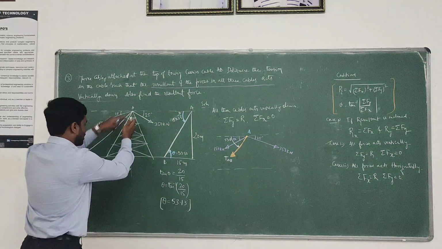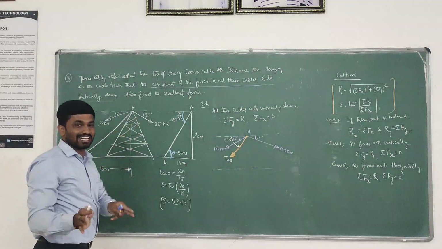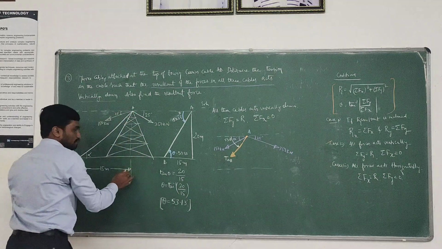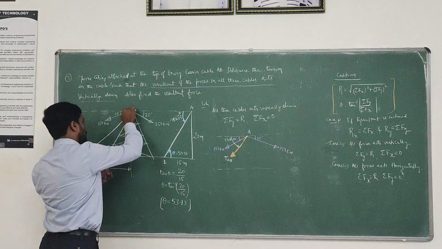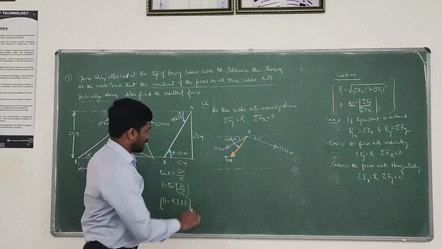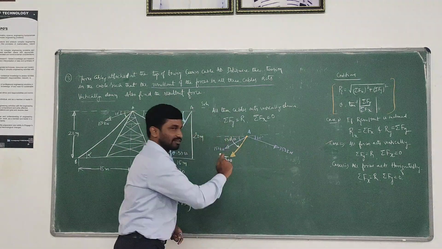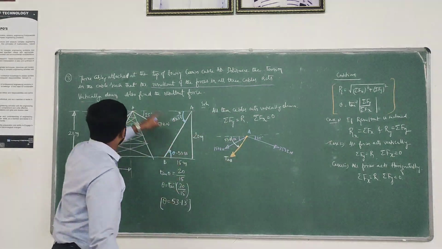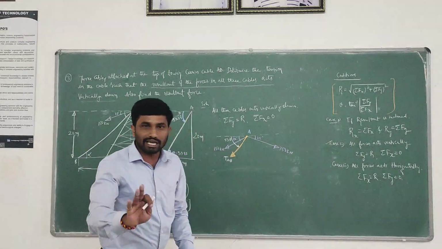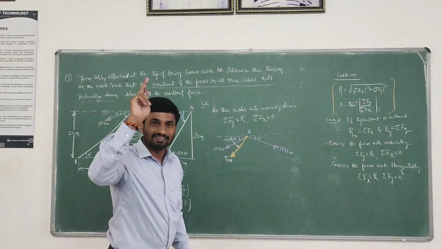Generally to create confusion, they will give a transmission tower and all. The thing is, using this height and this base distance, we have to compute this angle here. Once you compute this angle, you forget about this baseline and all. As per the problem, 3 cables are given, 1, 2, 3. Out of 3 cables, 1 cable is unknown.